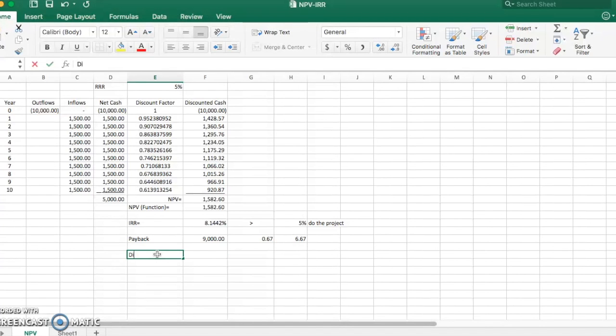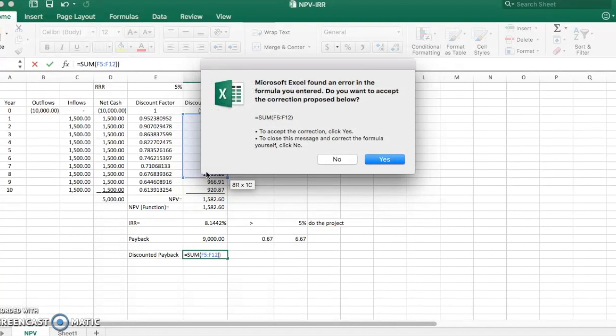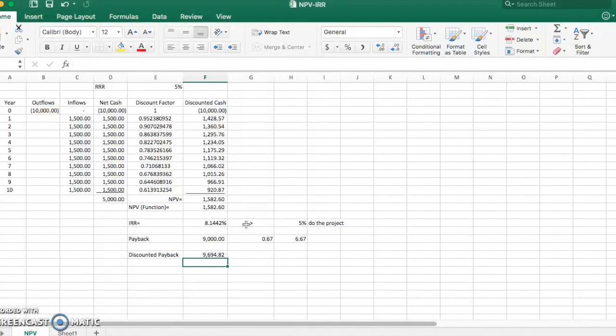Now you can do discounted payback, which takes away one of those problems. So you would use your discounted cash flows. And in this case, I think we get to about year 8. There it is, 9,000, right? So we'll sum this up to year 8. I'm not sure why I keep getting this error message, because the formula looks correct to me, but you get 9,694.82.